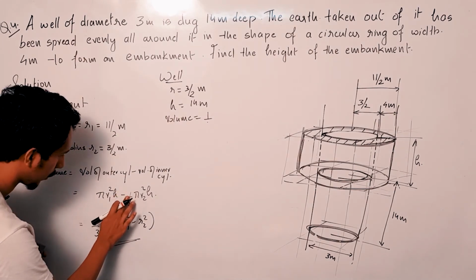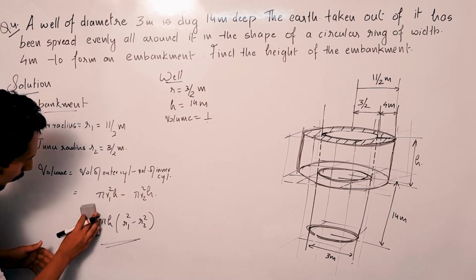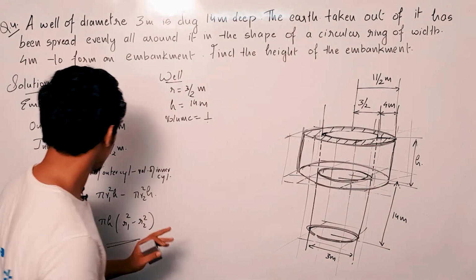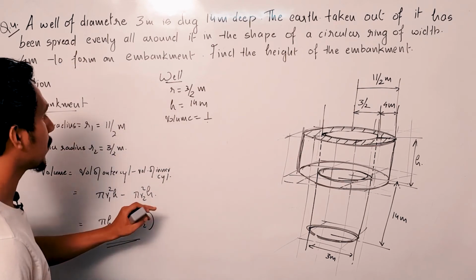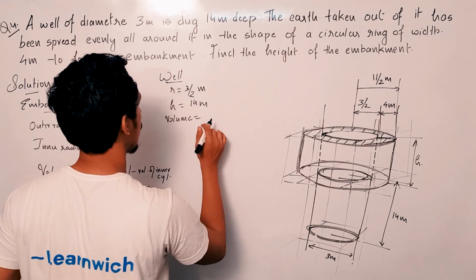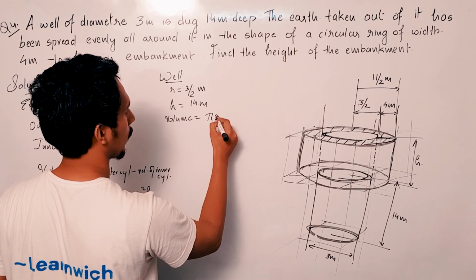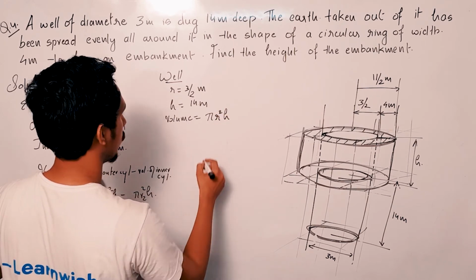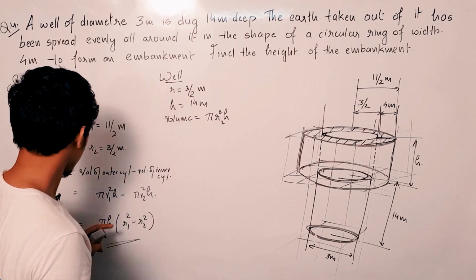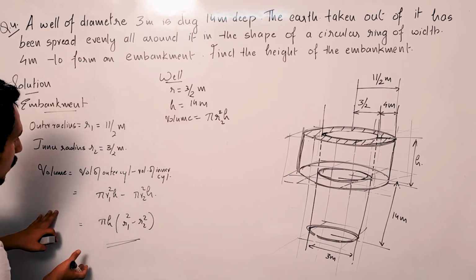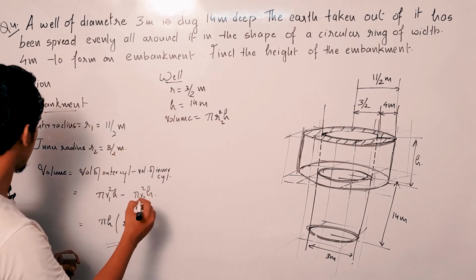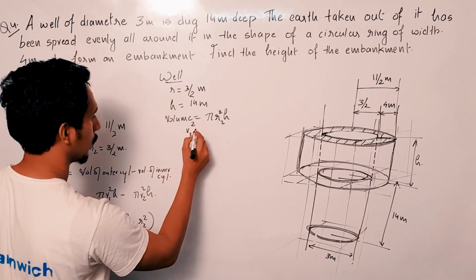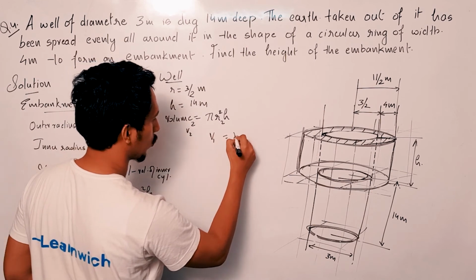So no 1 by 3 anywhere. It's not a cone, it's a cylinder. I'm really sorry. It's pi R1 square h minus pi R2 square h. Here also the volume will be pi R2 square h dash. Okay. Now this volume is equal to this volume. Now equate. Let's say this is volume V1 and this is volume V2. So V1 is equal to V2.